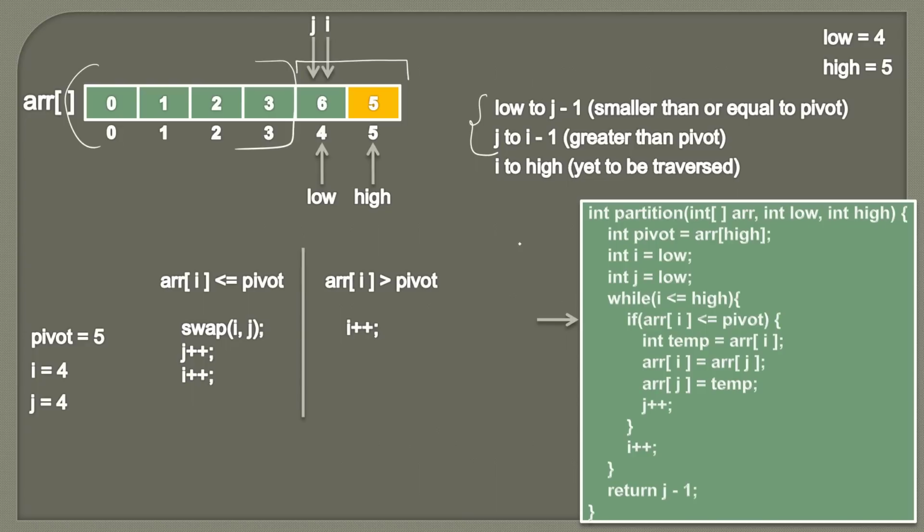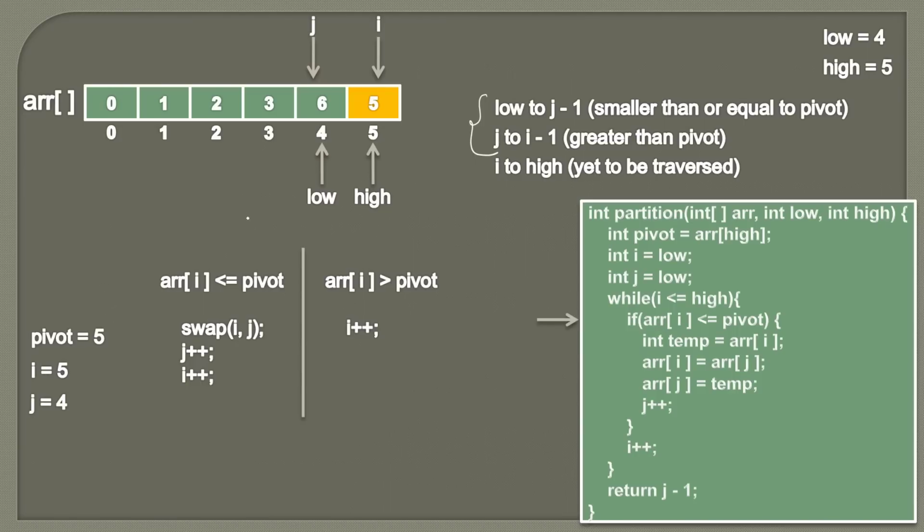So array of I, which is 6, is greater than pivot. So we simply traverse ahead. We do nothing. We do I plus plus. I becomes 5. I is equal to high. So this condition is true. Now array of I is 5 and 5 is our pivot as well.